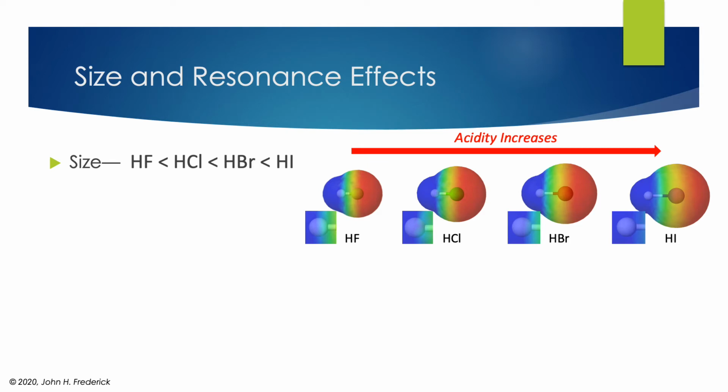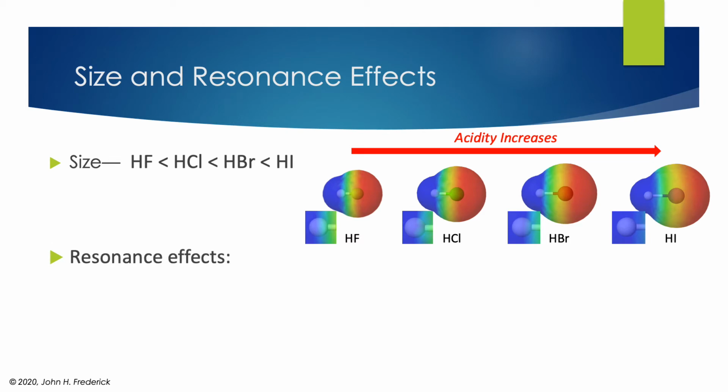So in effect, acidity is going to increase as we move across because it's going to get easier to remove a proton. It's going to be easier to remove the hydrogen from these compounds because of the longer bond length and the weaker bonds that they form.